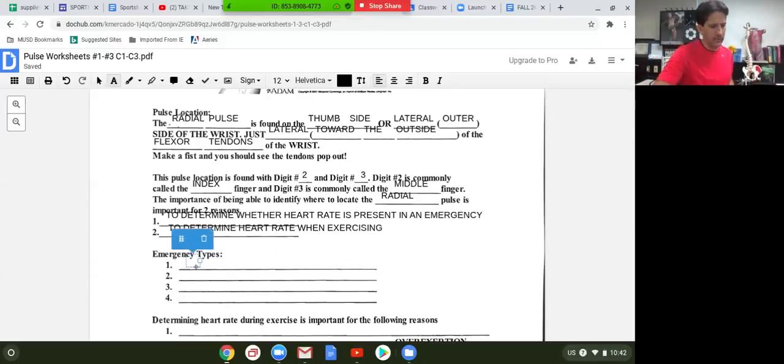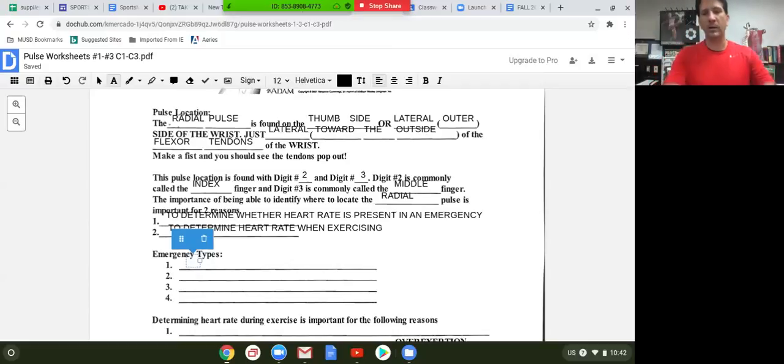Okay, so emergency types, right? So we'll talk about a couple. We said number one, determine whether heart rate is present in an emergency. So here's some emergency types that you would want to be able to take radial pulse on yourself or on a family member or a friend, or this is potentially in a sports medicine situation, but most of the time we take pulse very rarely sports medicine wise.